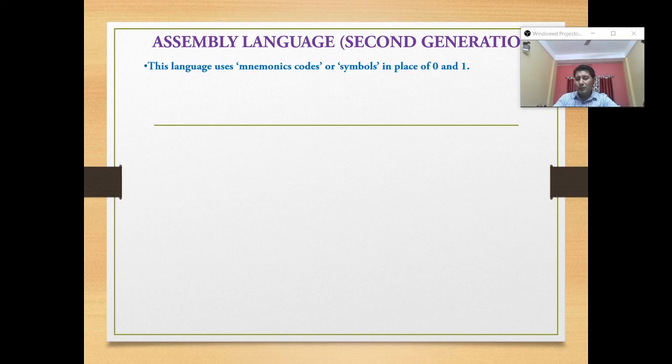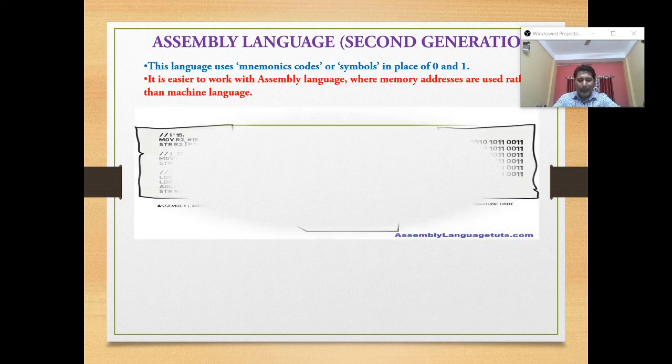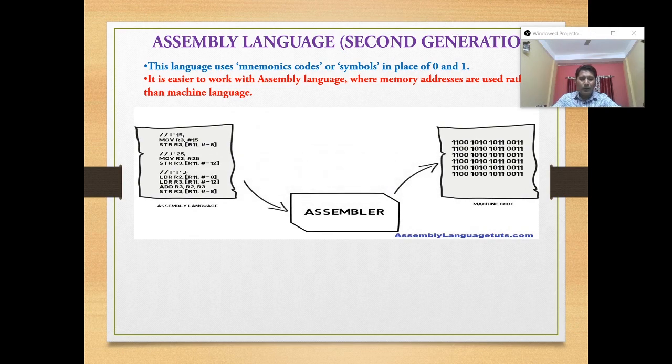So in place of 0 and 1, it uses the mnemonic codes, and it is easier to work with assembly language in comparison with the machine language, because for example, suppose say if you want to add the two numbers, the binary code for the addition may be 0010, but it can be directly written as ADD in the assembly language. So if you go to the figure, you can see the assembly language at the one side and the machine code at the another side.